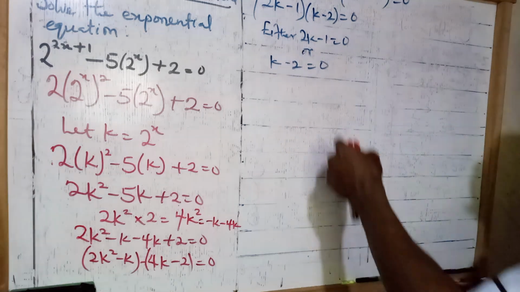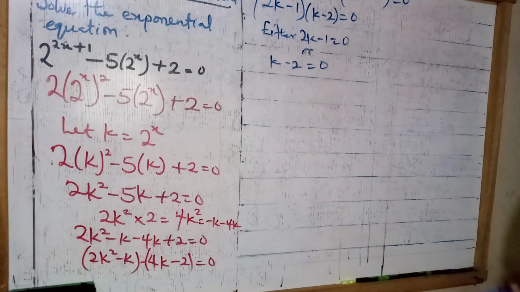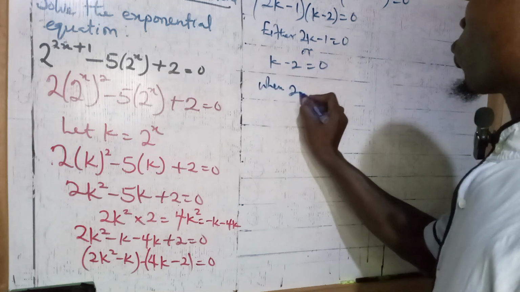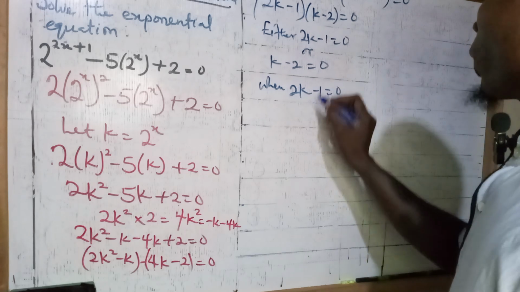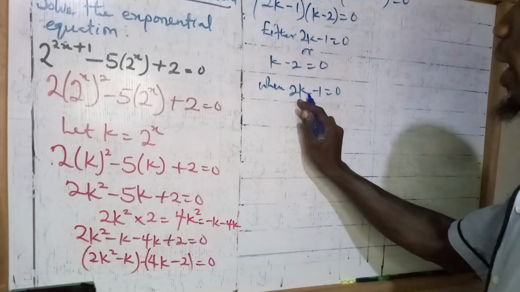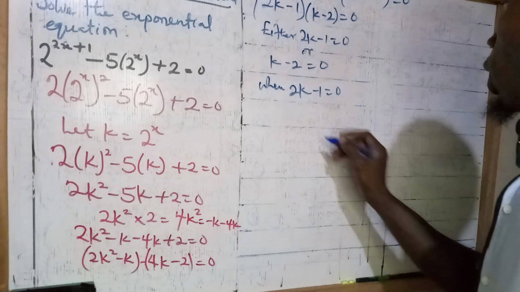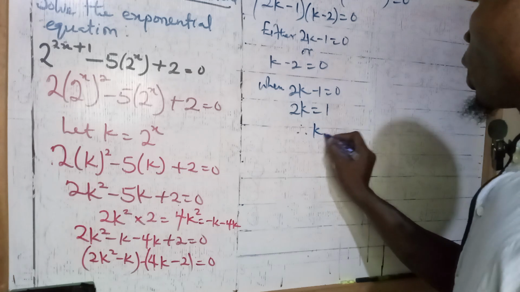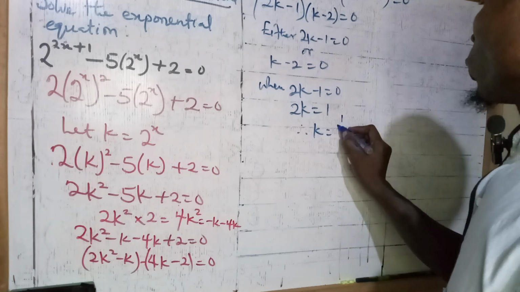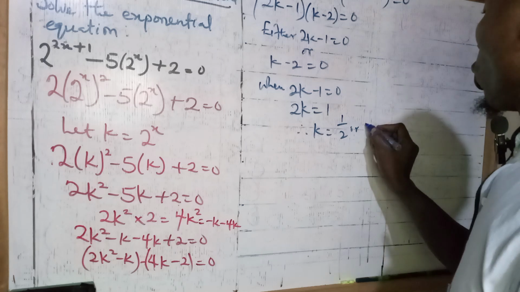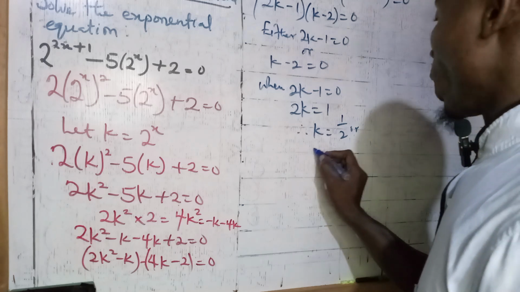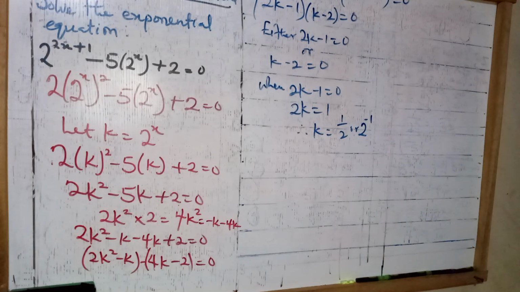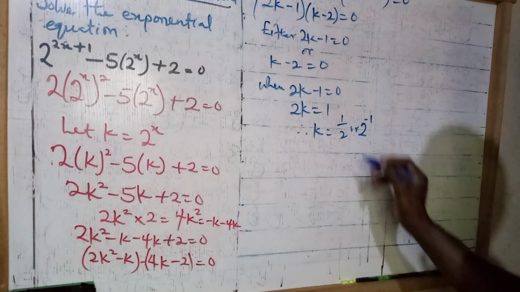From here you can see that when 2k minus 1 equals 0, to find our k, which is the unknown, we can simply say that 2k equals 1, therefore k is equal to 1 over 2, or 2 raised to the power minus 1.